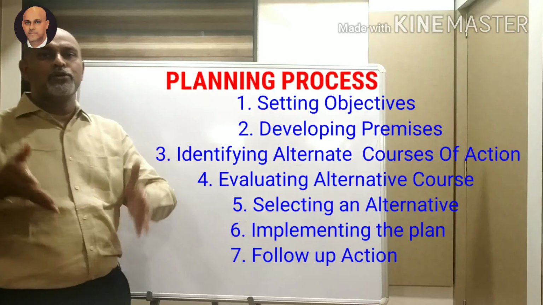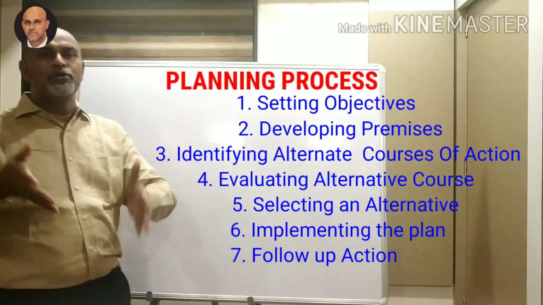So just having a recap about the whole planning process. First, there is setting up of objectives, then there is developing premises, then there is identifying the alternative courses of action. Then after you identify, you have to evaluate, you have to see which one is good. After you see which one is good, you select.